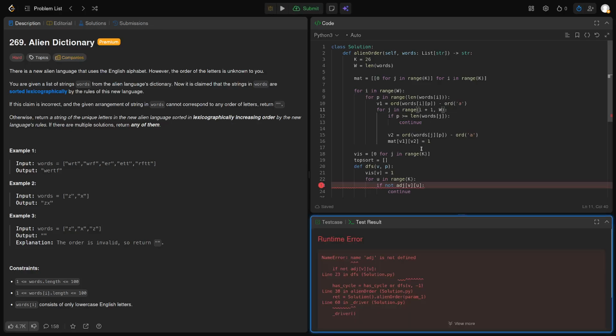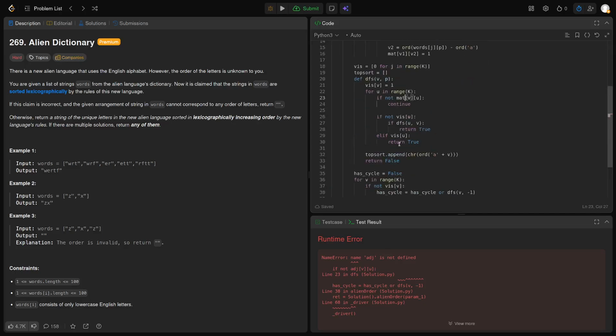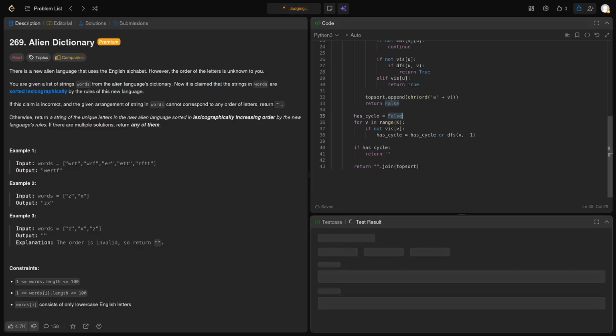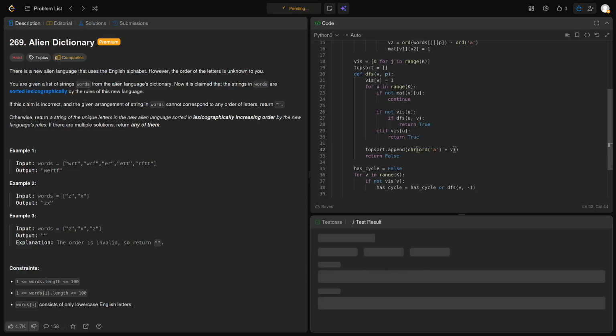Okay, I'm just doing whatever now. It should be called matrix, right? Now this char ord doesn't make sense, so you can only concatenate string, not int to string. So this is int, right? ord a plus v, I think.